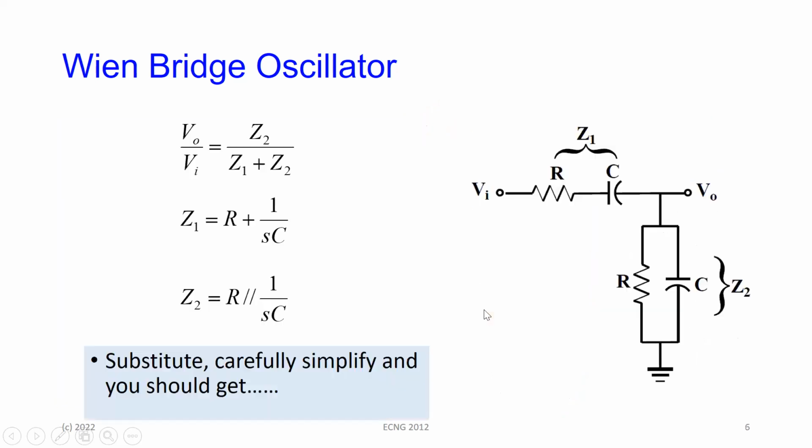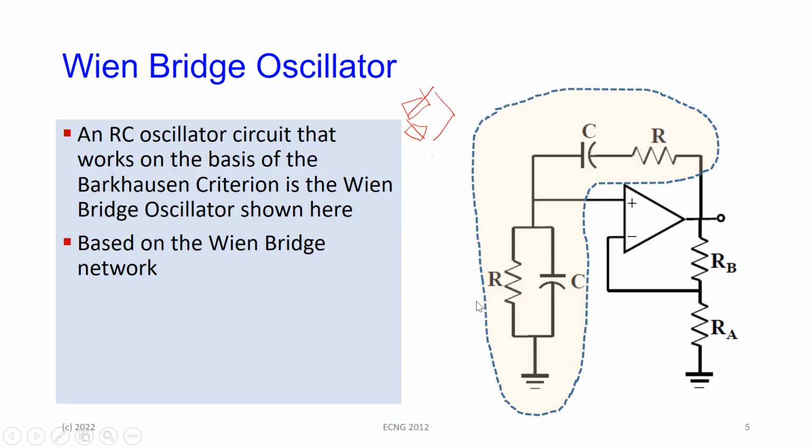Let's see what that does to us. If you look just at the RC network itself, notice that we have an output here, V out. Let me write that a little bit better. V out here is grounded, and we have signal coming in here.